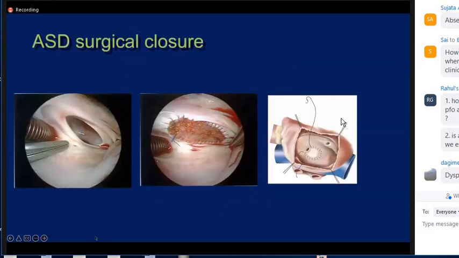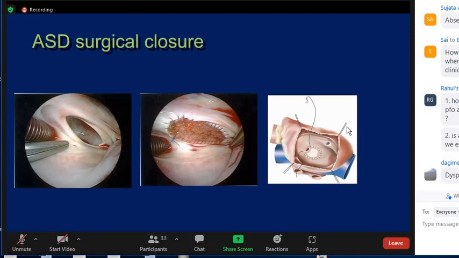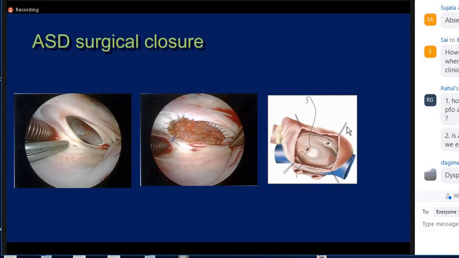You all know the common practice worldwide: an atrial septal defect can be closed above 3 years of age. Now it has come down to 2 years of age. Any child who has a large ASD can be closed above 2 years of age surgically, whereas interventionally above 3 years and above 10 kilograms.